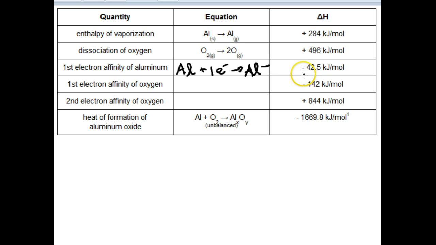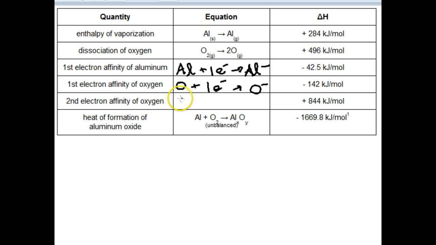You know that it's an energy that you get rather than an energy that you put in because of this negative sign. Okay? The first electron affinity of oxygen, that is the energy that you get when you try to add 1 more electron to an oxygen atom, not molecule, atom. You get the O minus ion, and you get this energy.